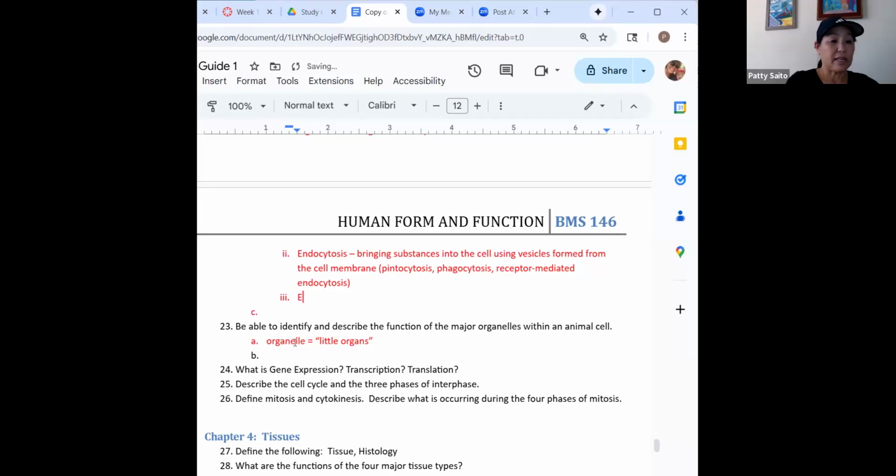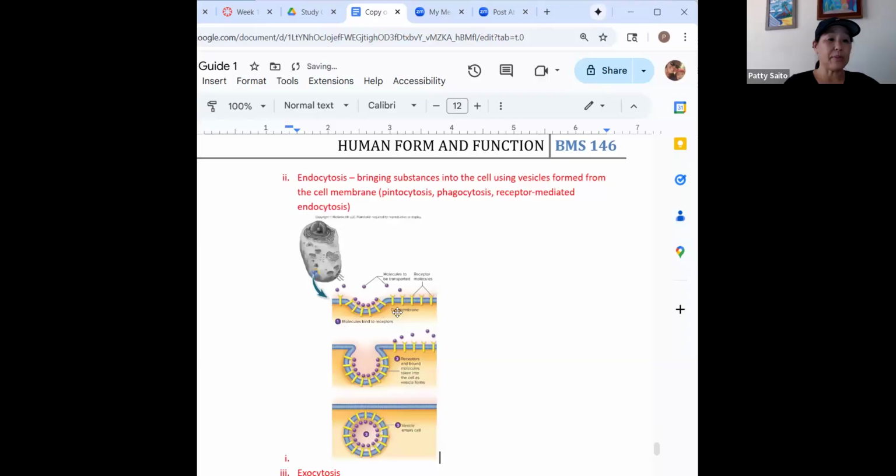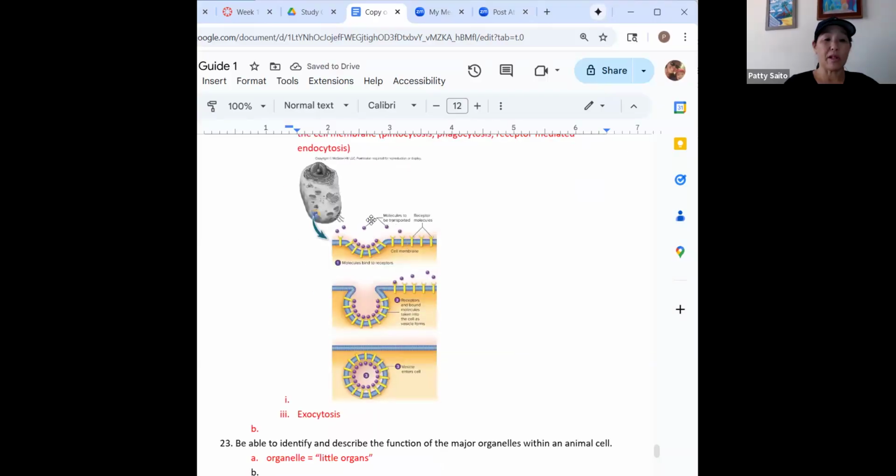So this would be an example of endocytosis, right? We have molecules out here. We want to bring it in. And so the membrane curves in and brings it inside.